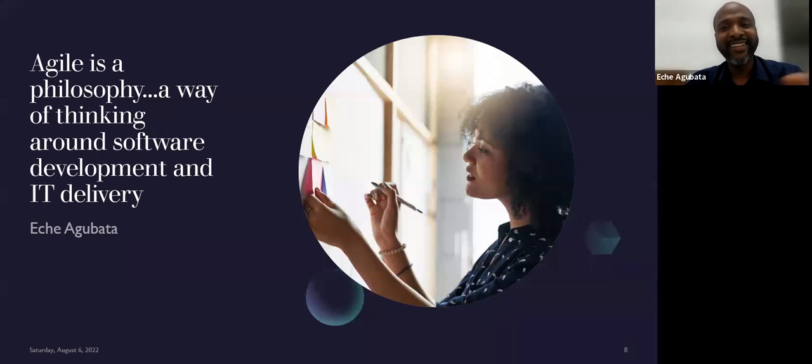All right, just like you have quotable quotes from great men, let me have my own quotable quotes, permit me. Agile is a philosophy, a way of thinking around software development and IT delivery. I'm restricting it to this, though people have tried to force Agile philosophy into other areas of project management.